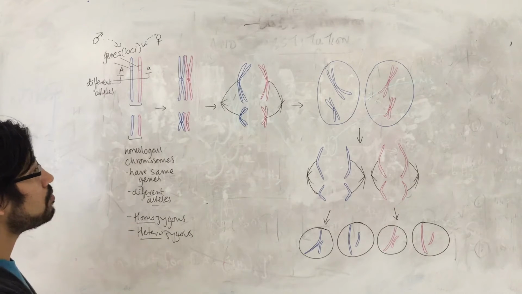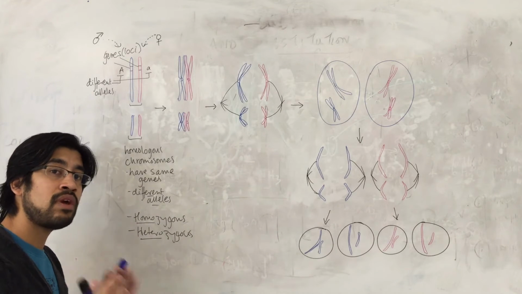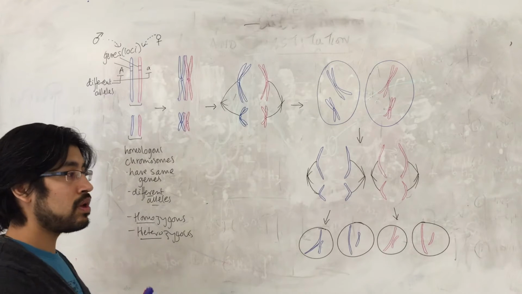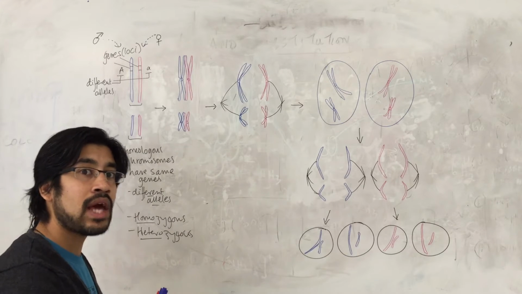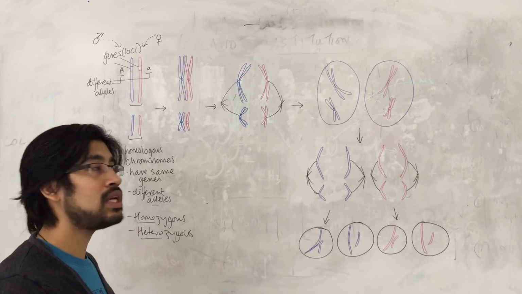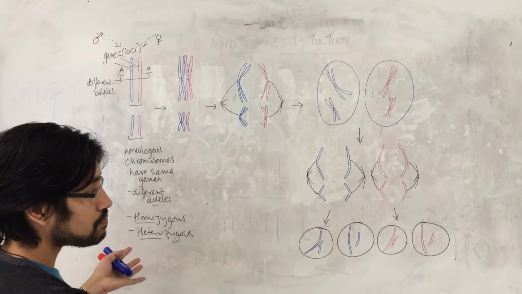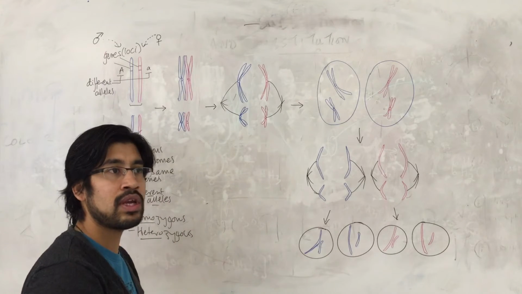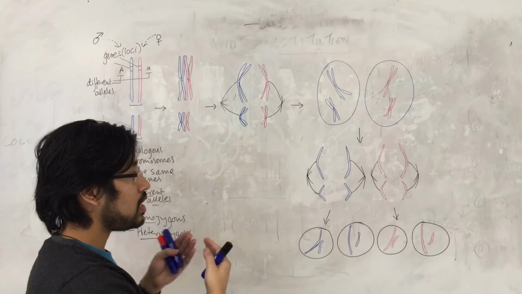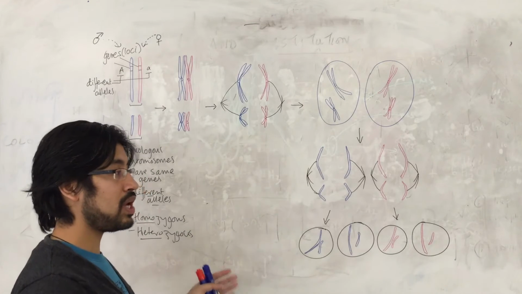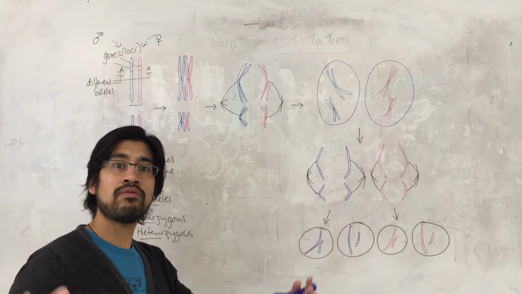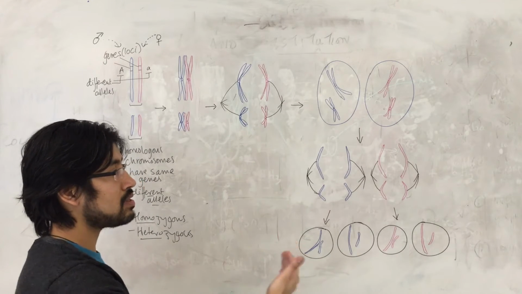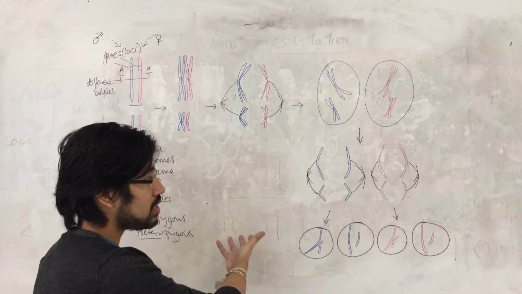And remember, generating variation is very important for the evolution of species, for natural selection to occur, for species to be able to adapt to changing environmental conditions. If you've got lots of variation within a population, lots of different combinations of alleles generating lots of different types of phenotypes, then if the environment changes for whatever reason, there'll be lots of variety.